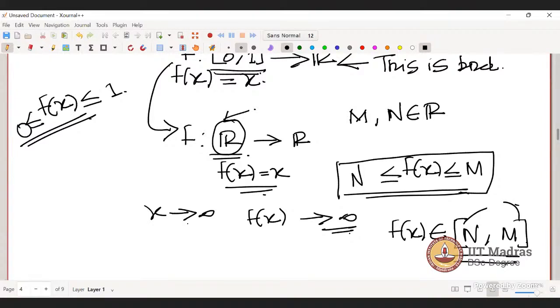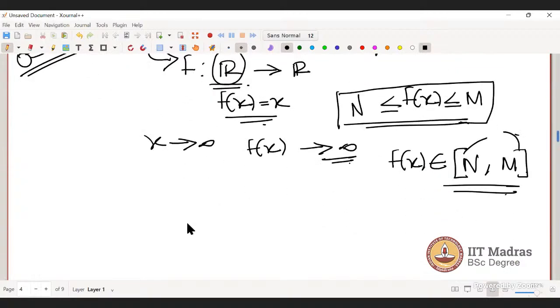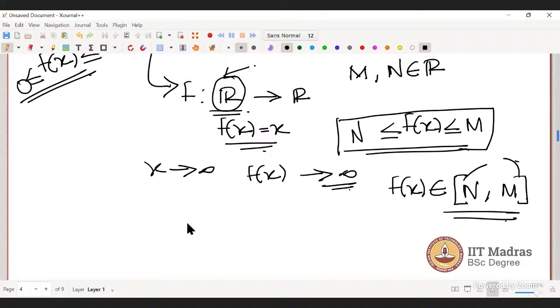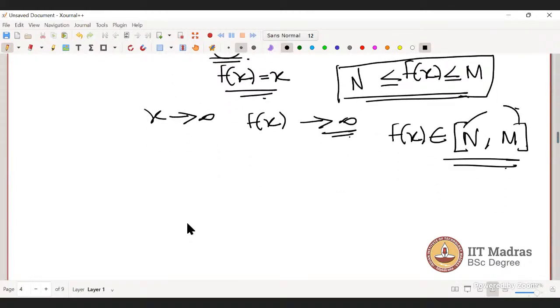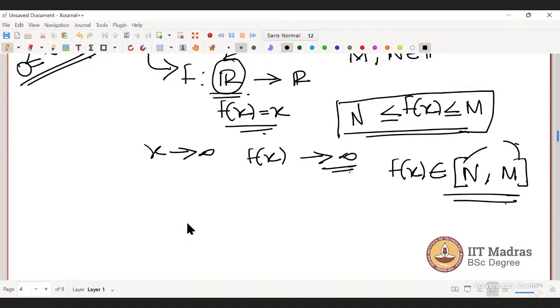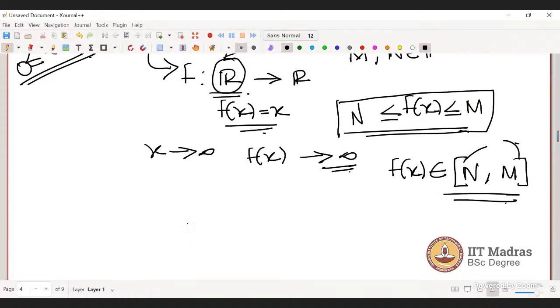Okay, so you mean to say this is also a bounded function? No, why is this bounded? See, what is the definition of a bounded function? I do have a specific range, like here 0 and 1, a minimum value and a maximum value. So is it possible to bound the range of this function?